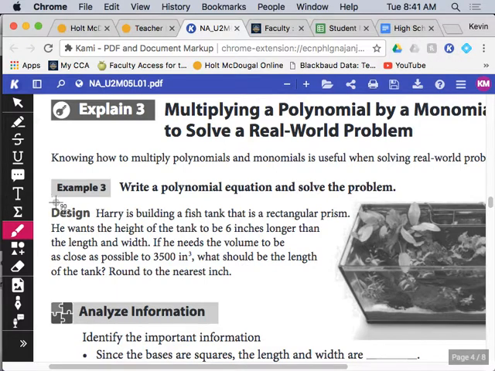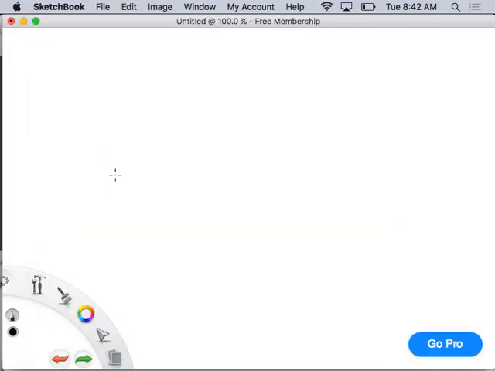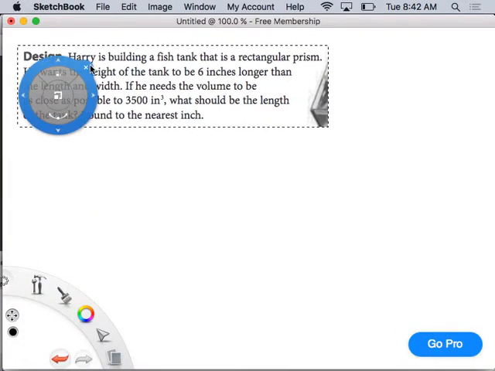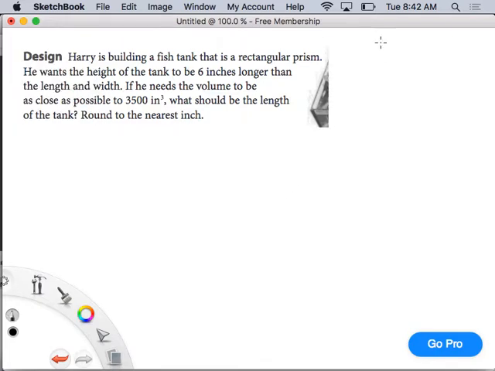So if you go to the next page, we see here that Harry's building a fish tank. So Harry is building a fish tank that is a rectangular prism. So I'm going to draw my rectangular prism here, to the best of my abilities.